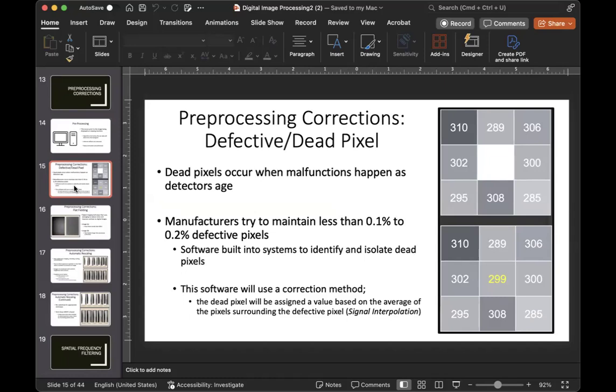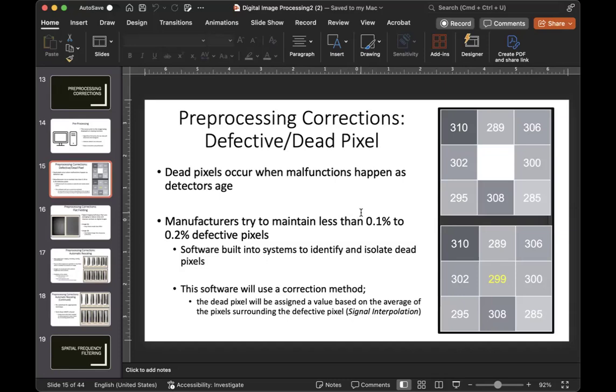Who's not to say one small pixel can be damaged, right? Does that mean that, okay, one of those 4 million pixels is damaged, we need to replace this entire detector? No, right? That doesn't make sense. If only one of the pixels is damaged out of 4 million, then we should be able to have some sort of workaround. And this is the correction aspect that occurs. It's a defective dead pixel correction.